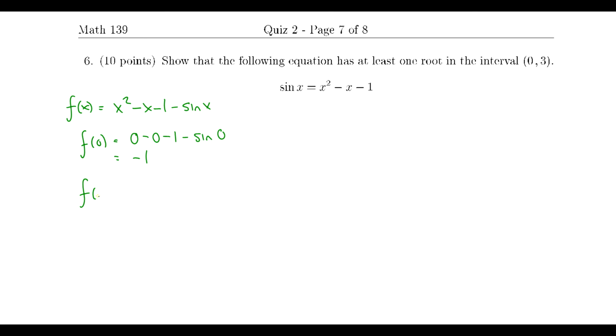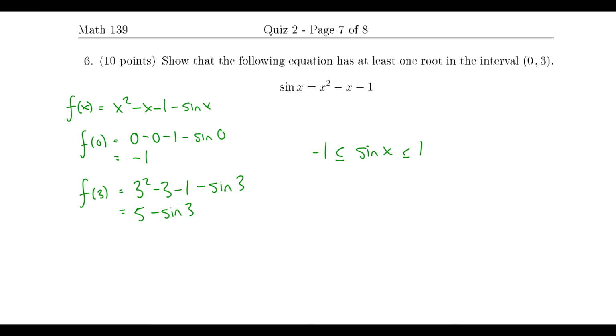And now we're going to take f of 3, which is going to be 3 squared minus 3 minus 1 minus sine of 3, which is going to be 9 minus 3, which is 6, minus 1 is 5, minus sine of 3. So what's interesting here is that we know that sine of x is going to be between negative 1 and 1.